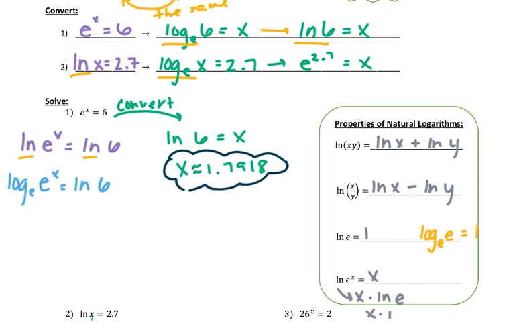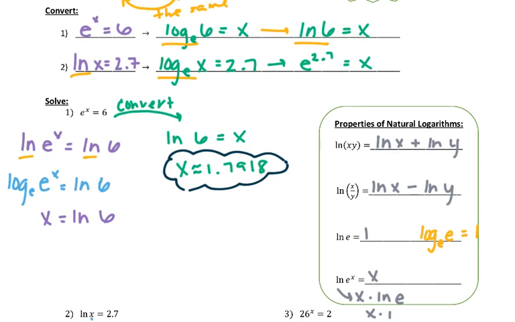So over here, the natural log of e to the power of x, you guys already figured that out. That should just be x. Here's why, though: because we're taking log base e of e to the power of x, you're using this idea. The x comes out front. You're multiplying by 1. So what you actually have here is x equals the natural log of 6.